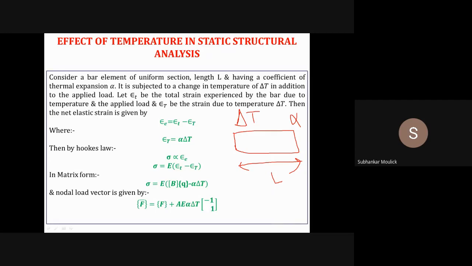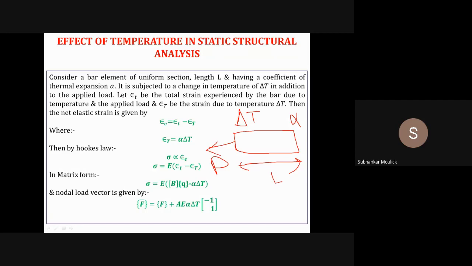So in addition to the applied load, earlier we considered a bar of length L subjected to some load, and found the nodal displacements by dividing the bar into a finite number of elements. But in this case, along with the applied load, there is also a temperature difference in the bar. Alpha is the coefficient of thermal expansion, which is a property of the material.